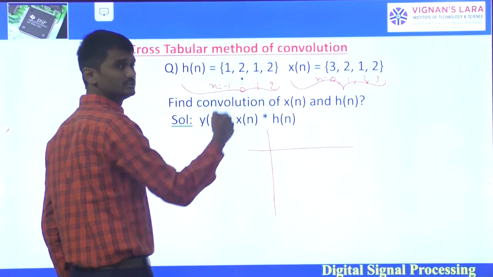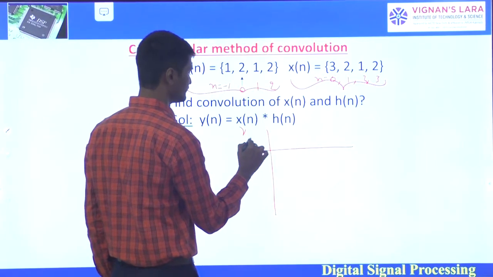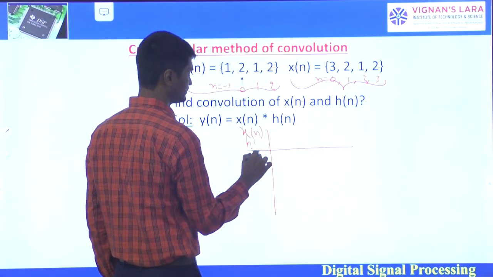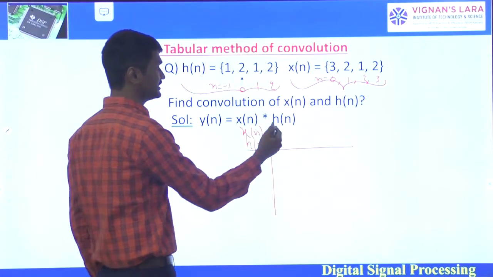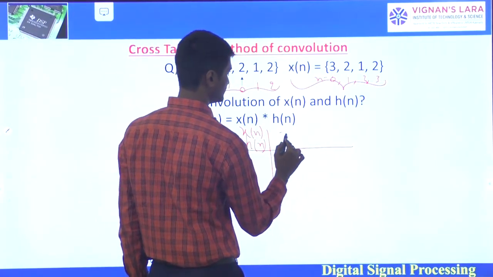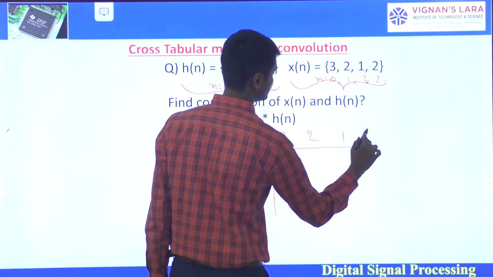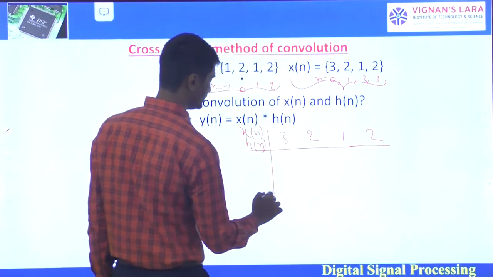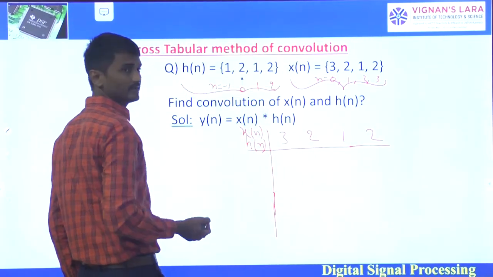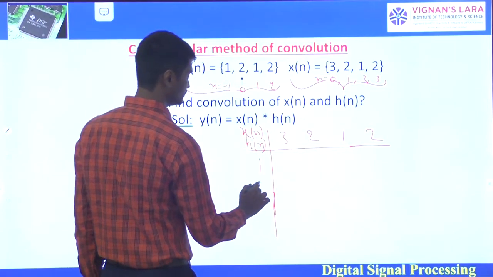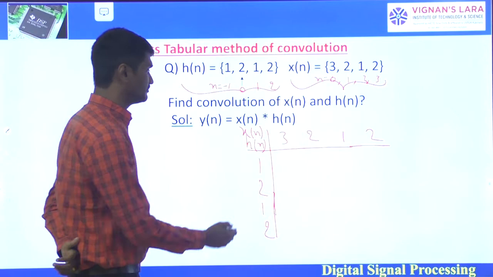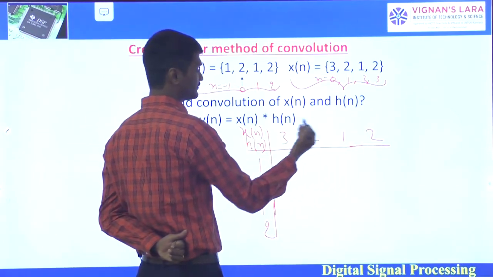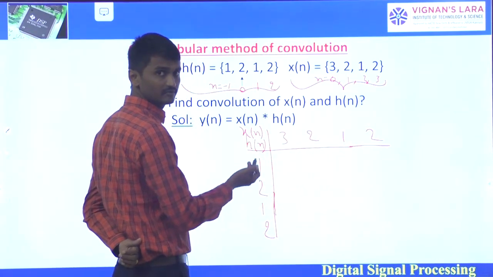First, write the two sequences, x of n and h of n, horizontally and vertically. I am considering x of n in a horizontal fashion, that is 3 2 1 2. Similarly, h of n in vertical fashion, that is 1 2 1 2. Multiply all the terms of x of n with each sample of h of n.